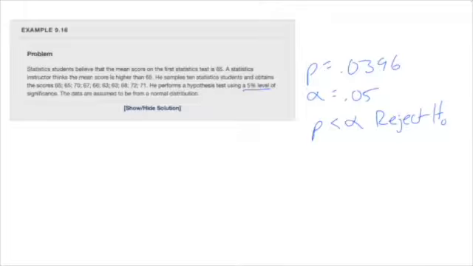So at the 5% significance level, if we reject the null, that means we are saying the alternative has support, and the alternative was our claim.